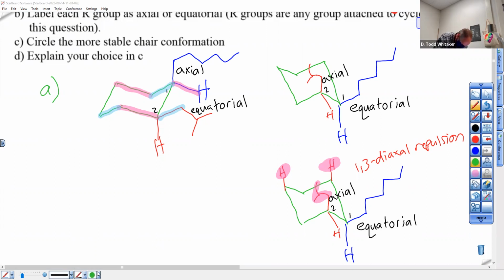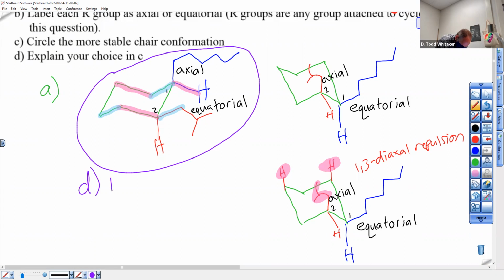We're circling this in purple. And the words for D, I need to see you acknowledge that the bulkier, and tell me which one's bulkier, isobutyl group, and tell me what it stays away from in this chair.